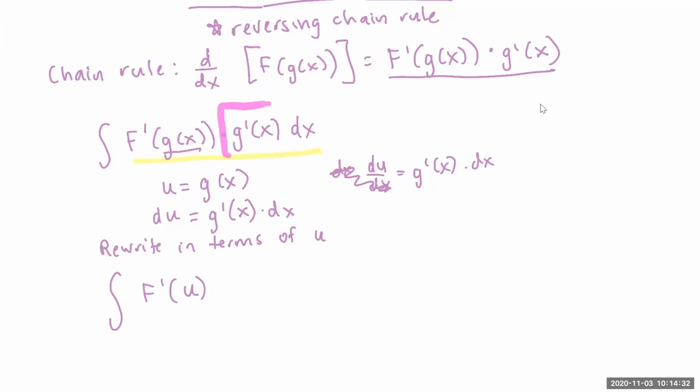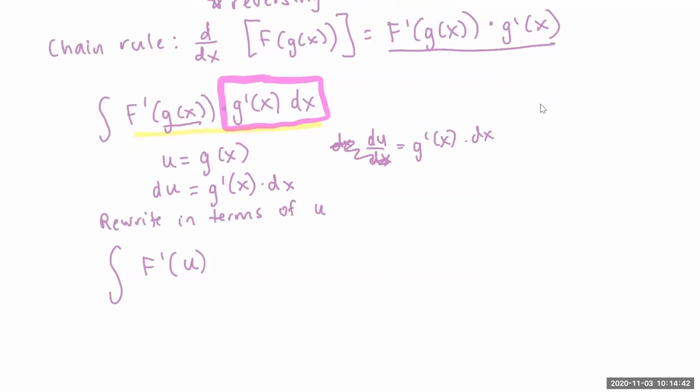Can you tell me in terms of u, what is g prime of x dx? Do you guys see that down below there? It's du, exactly. So now I have the integral of f prime of u with respect to u. I want to see u here, with u being the independent variable inside your integrand.